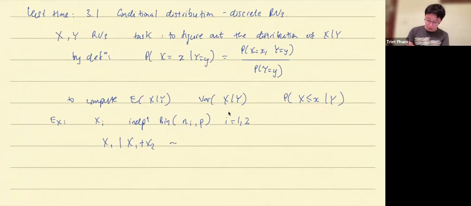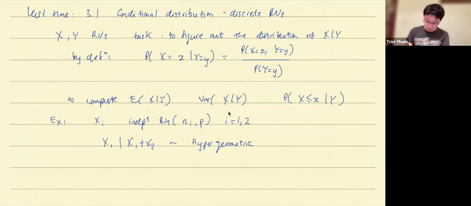It will be a hypergeometric random variable, with what kind of parameters?